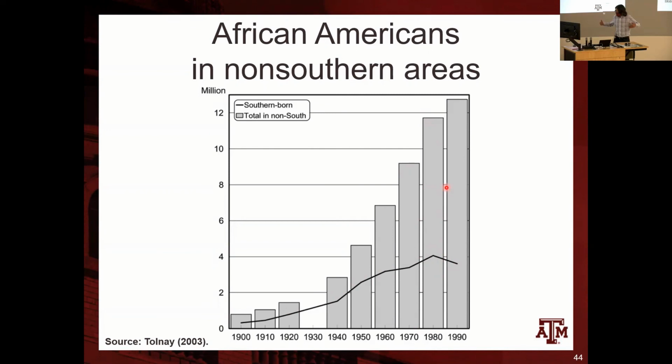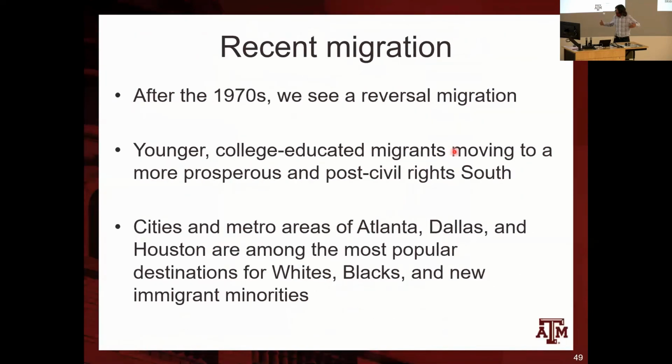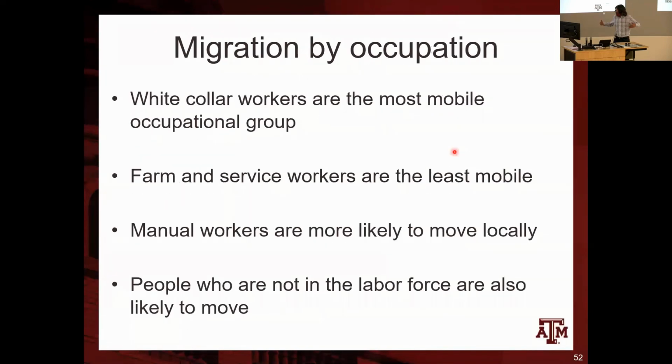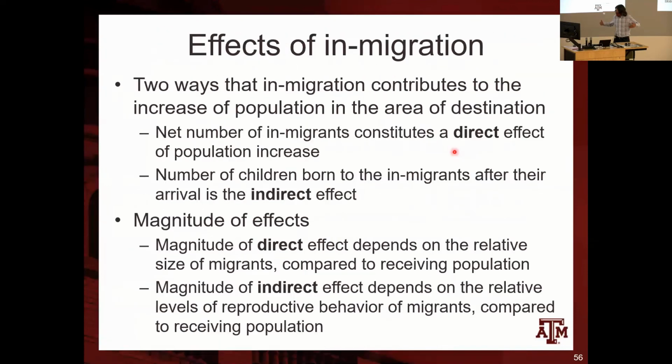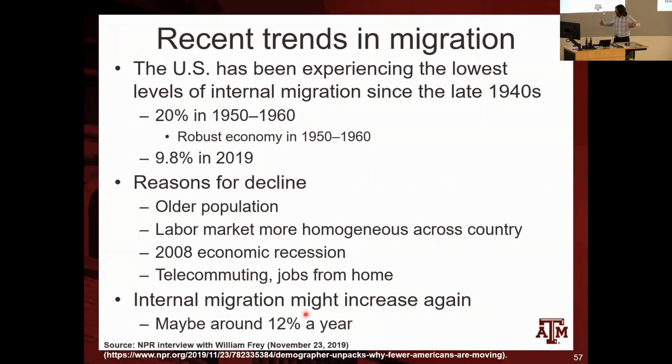And the size of these people compared to the population of destination tells you how much they will influence the area of destination. And if on average they have more children than those people that were already in the area of destination, that will affect population composition, right? So that magnitude depends on the levels of reproductive behavior of migrants compared to the receiving population.